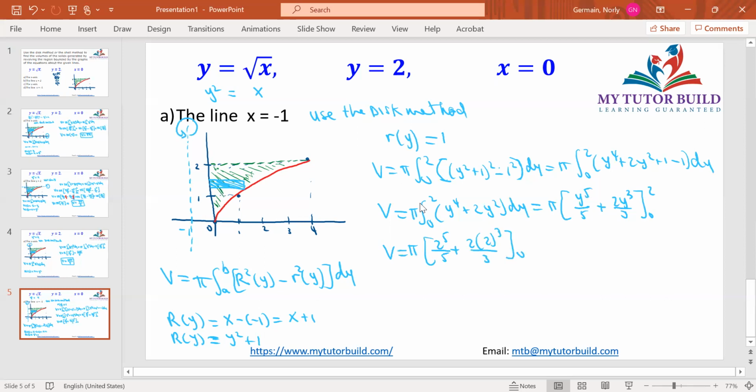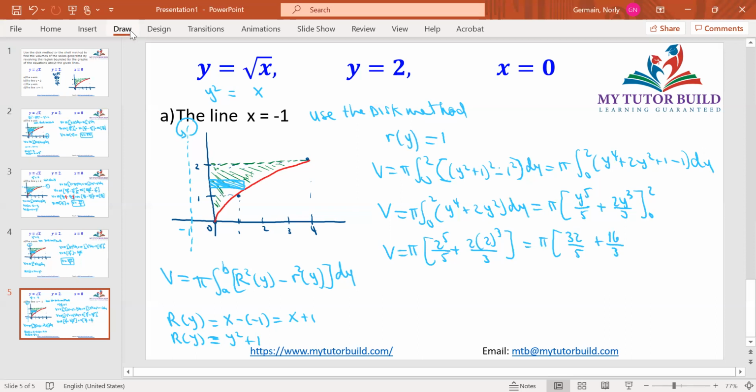We don't need to subtract the value at 0, because we know it would be 0. Now we have 32 over 5 plus 16 over 3, because 2 times 2 times 2 is 8, times 2 gives us 16.